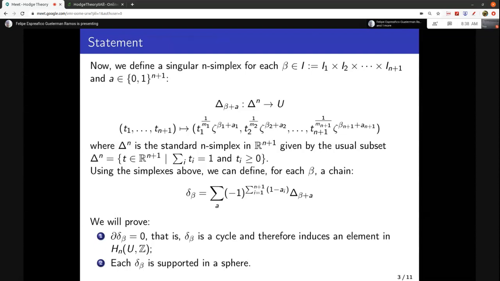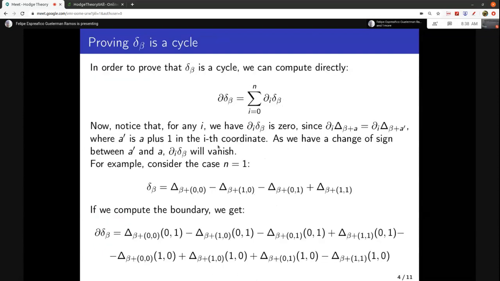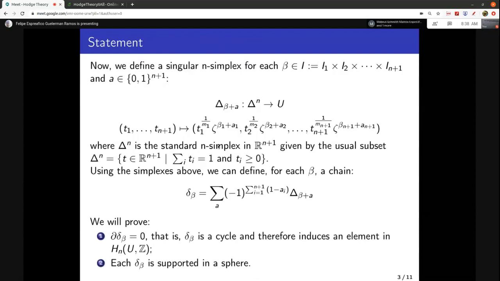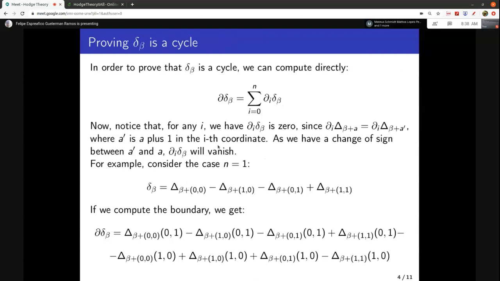That means that the union of the images of all these delta betas is exactly a sphere. So we can actually, in some sense, compute.